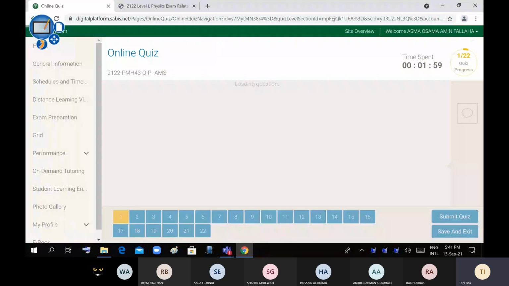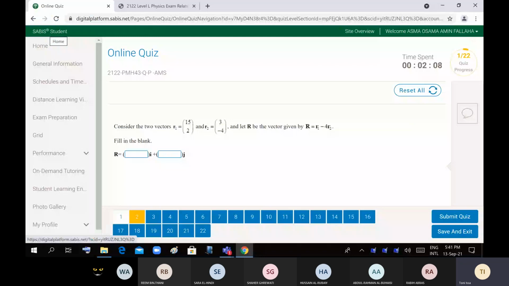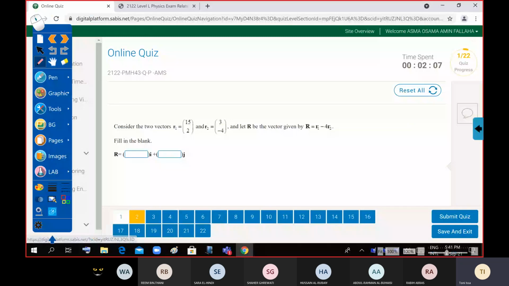Question 2. Here they said we have these two vectors, R1 and R2, find the vector R. How can I do that? In order to do this, all I have to do is substitute. So vector R will be equal to R1, which is 15i plus 2j, minus 4 times (3i minus 4j). Then you solve.